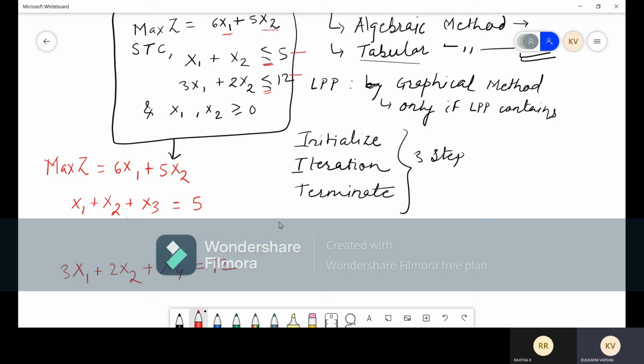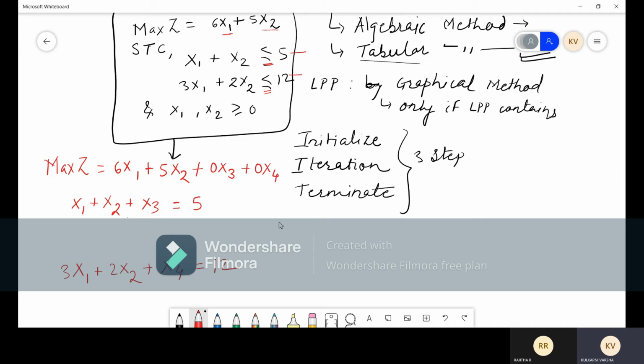Now what about the slack variables we are using in the constraints? What is their role in the objective function? In the objective function we will multiply them by 0, because they are not decision variables.